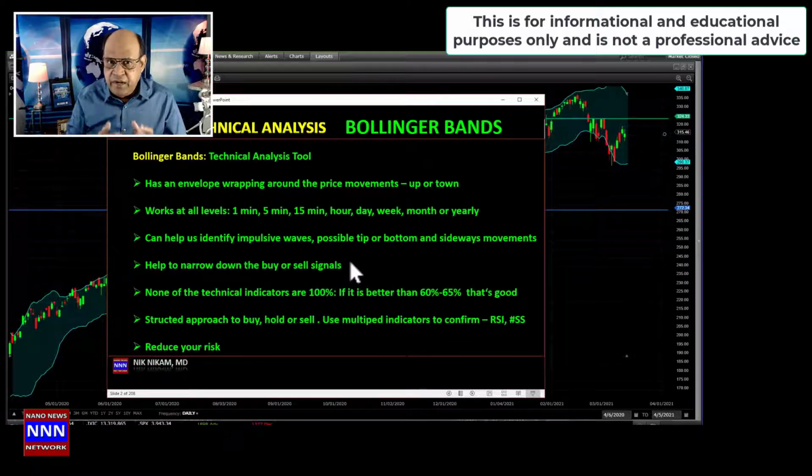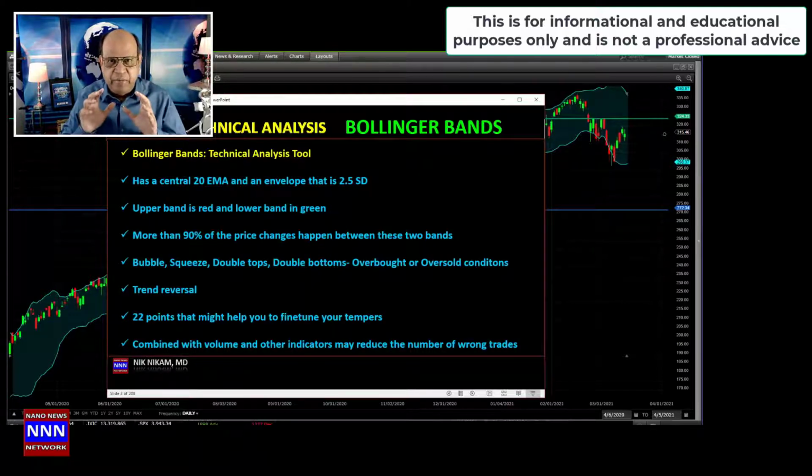But if we follow the indicator guidelines, and if you're not sure, if you use other indicators to confirm your decision, then you may improve your chances up to 60 or 65%, in which case you stay afloat with your money and some profit to trade on the next day. The most important thing is we use these technical indicators to reduce our risk of losing our shirt and pants. That is the key thing.